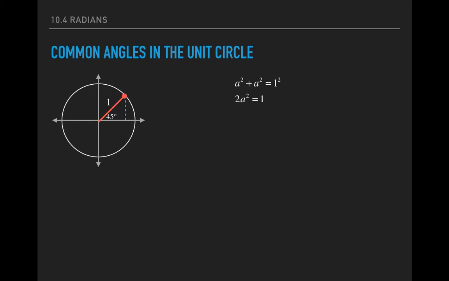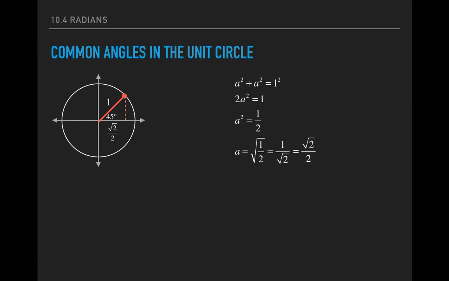Simplifying, you would have 2a squared equals 1. Divide each side by 2, and then take the square root of each side. Now, when you're taking the square root of a rational expression, you take the root of top and bottom, and we need to rationalize our denominator, which will give us the square root of 2 over 2.